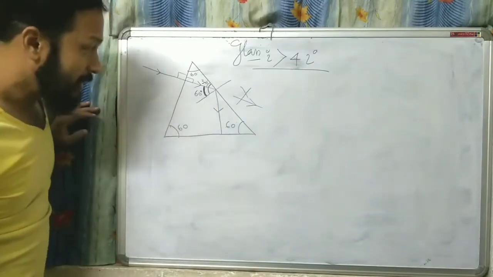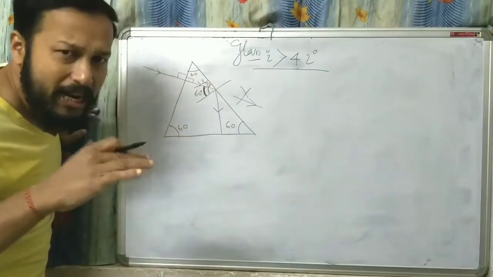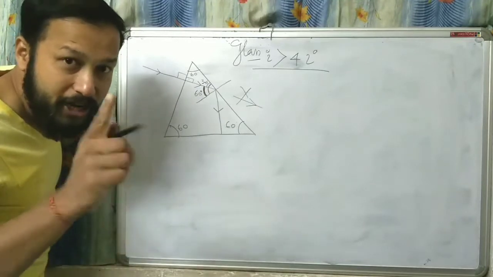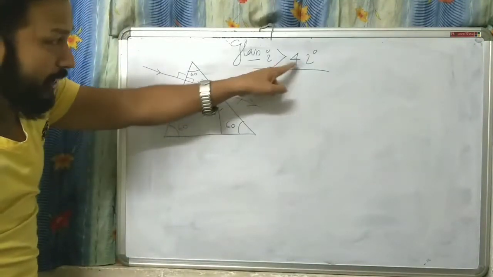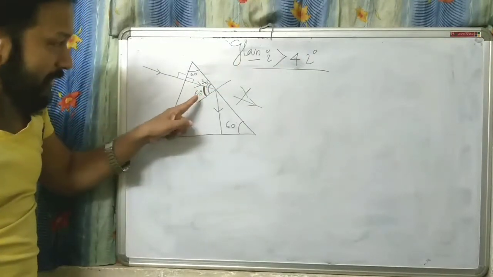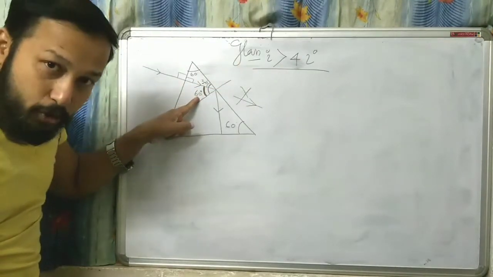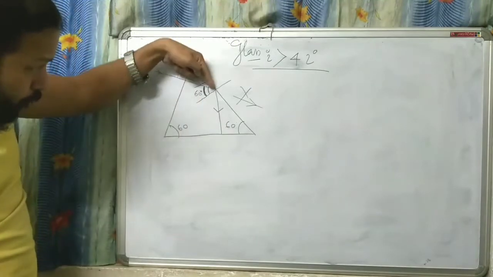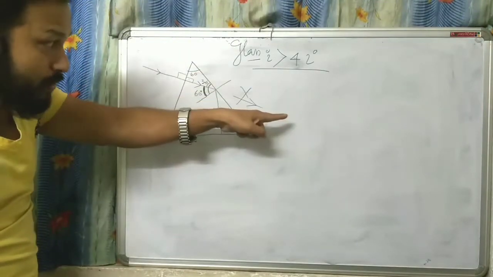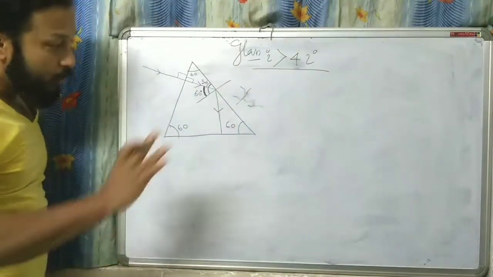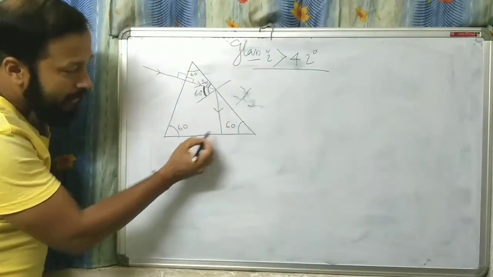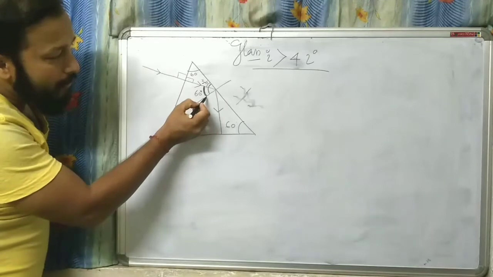Here the term is a little complicated. You must understand it very nicely. If the angle of incidence is more than 42 degrees, and this is 60 degrees, which is more than 42 degrees, that's why it will go total internal reflection. It will not pass this way. Understood? So where is it going?